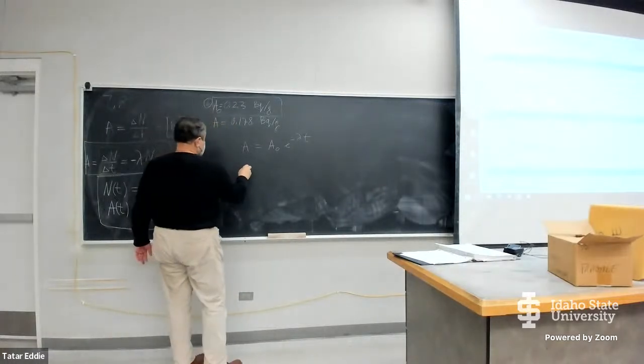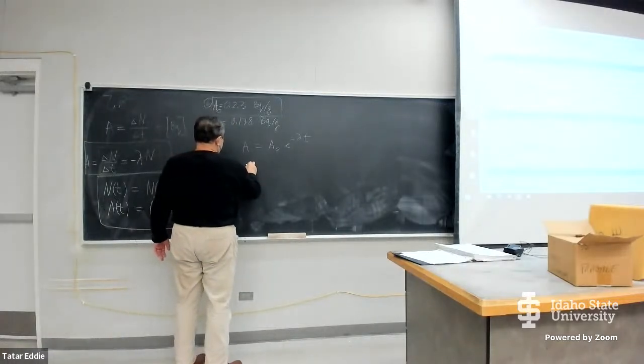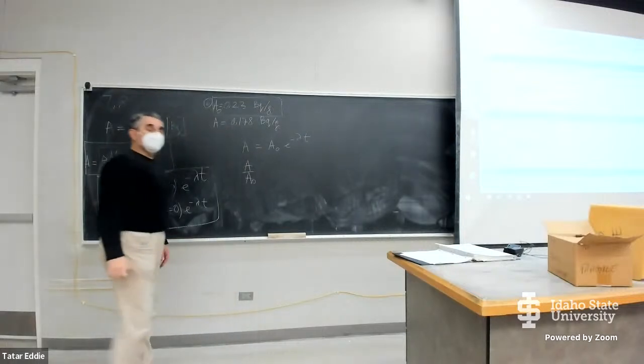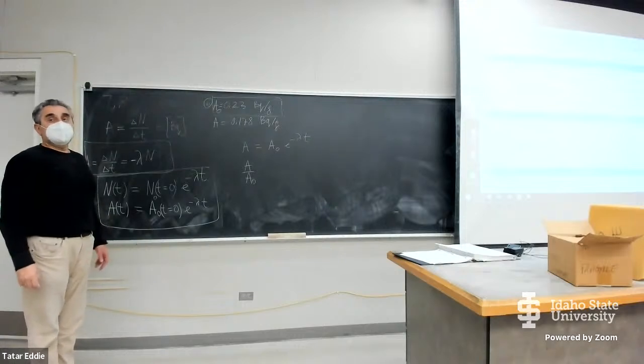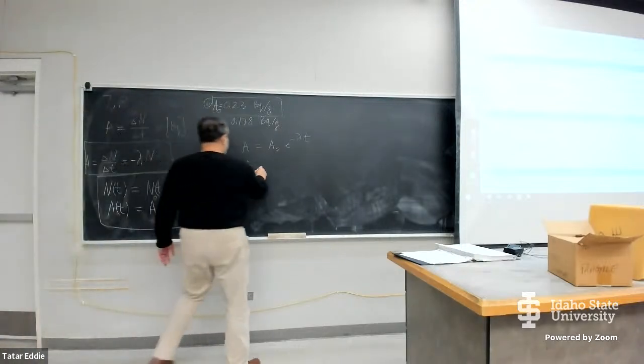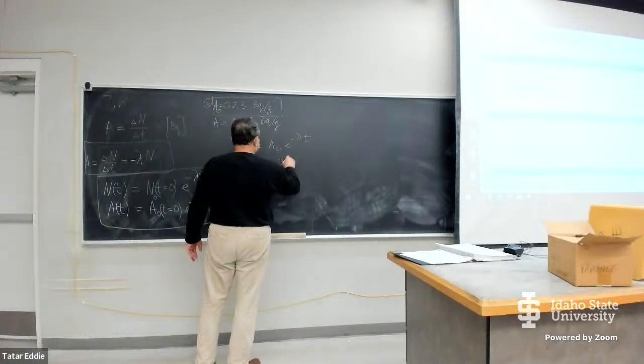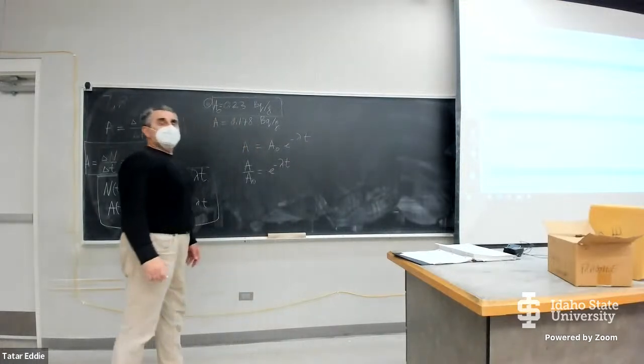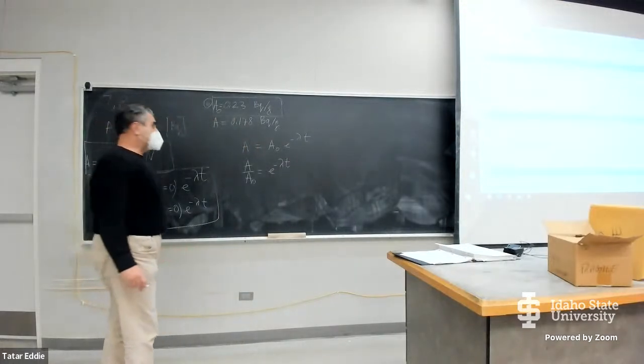In other words, the ratio of current activity to the activity of a live sample is e to the negative lambda t. Again, take the natural logarithm of both sides of this expression.